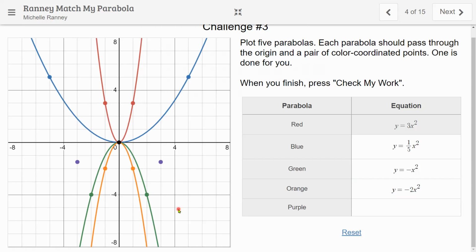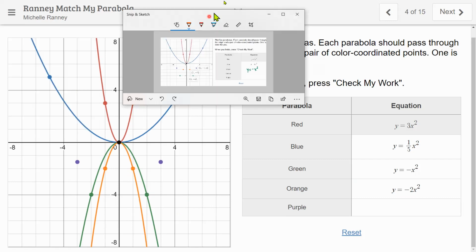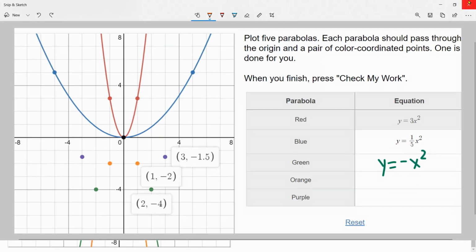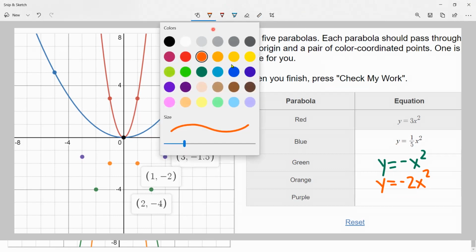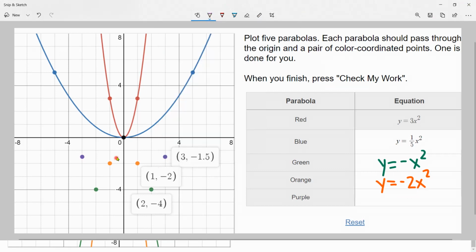So now my purple one. So again, this was y equal a negative 2x squared. Okay. So then my purple one, for this one, I go out 1, 1, 2, 3. 3 squared is 9, but I didn't go up 9.